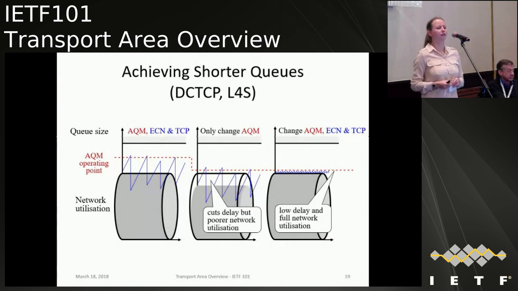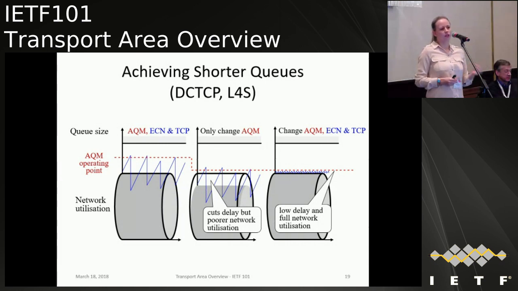Yeah, and there's a picture for it. In the first picture here, this is the traditional way you do it. When you get a congestion feedback signal, you halve your sending rate. And to maintain your link utilization, you have to have a number of packets in your buffer to cover this period where you have fewer packets sending.